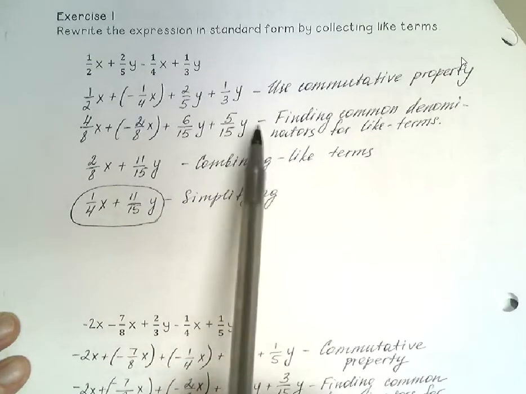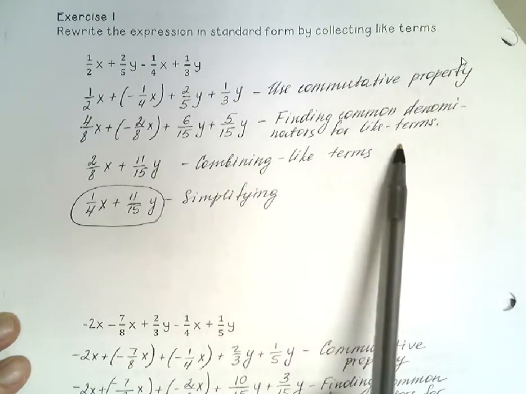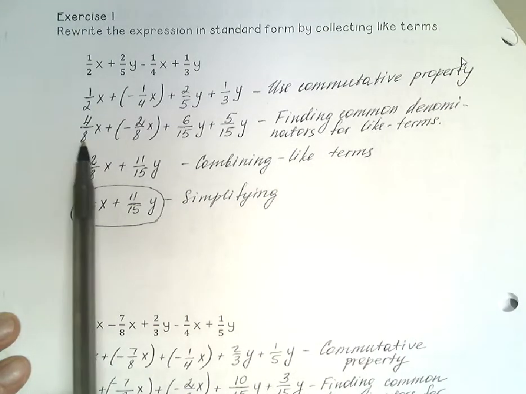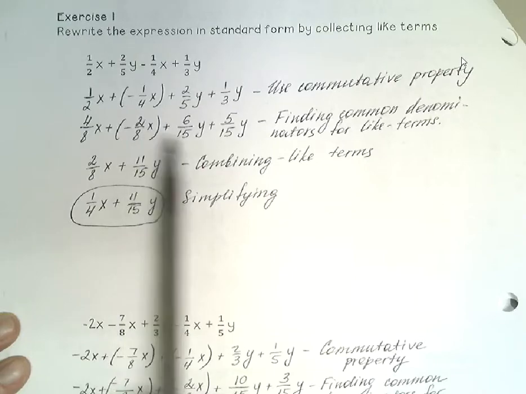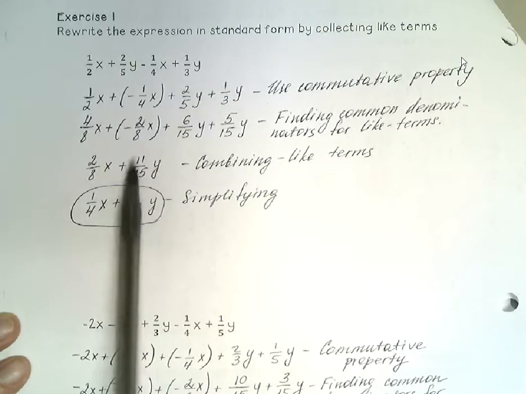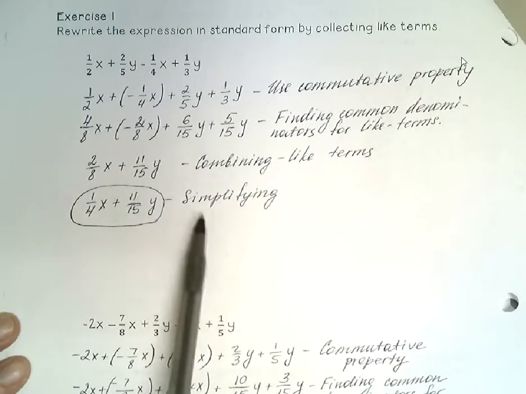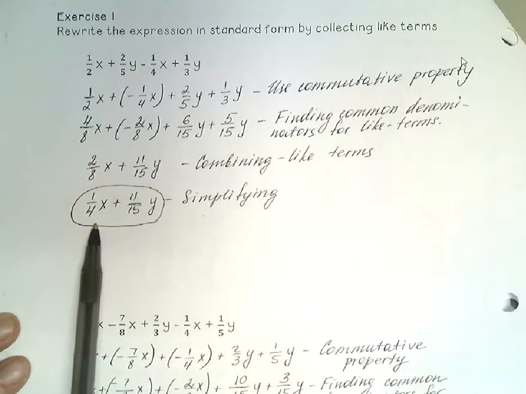It will be just easier for you to combine. Then I found common denominators for like terms. So 8 was for x's and 15 was for y's. And then I combined like terms, the x's and the y's, according to our rules of addition and subtraction of integers, and I simplified. So that is my final answer.